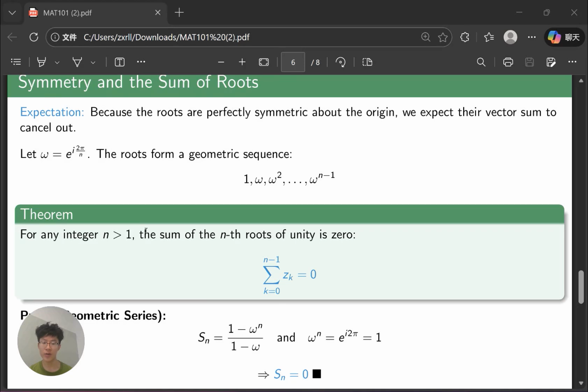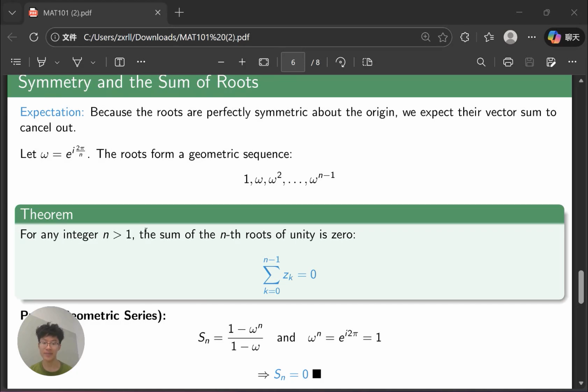From our lecture notes, we know the sum formula for a geometric progression is S sub n equals the first term times 1 minus the ratio to the power of n, divided by 1 minus the ratio. Substituting our values, we get 1 times 1 minus omega to the n over 1 minus omega.